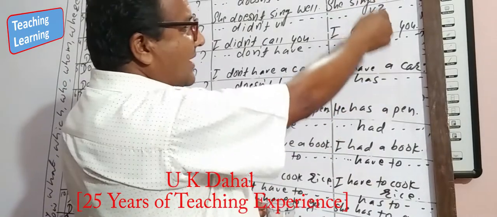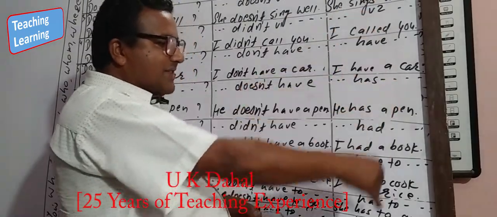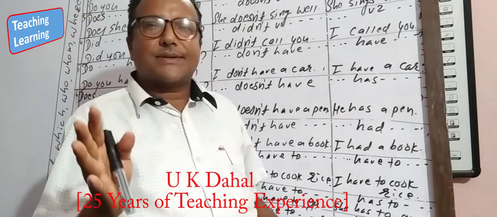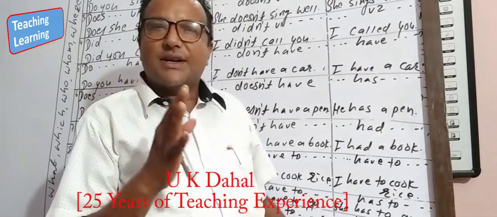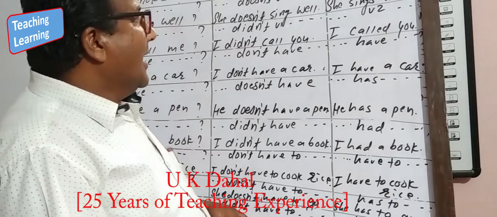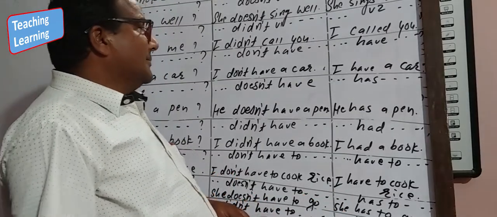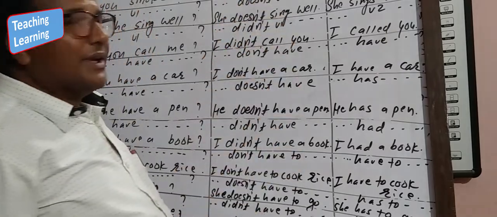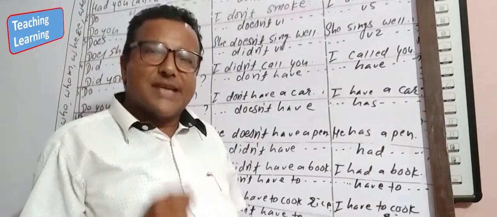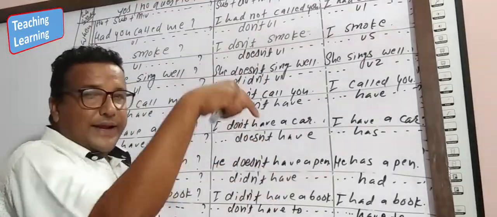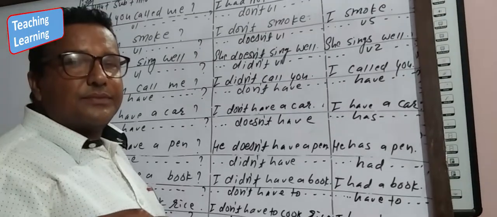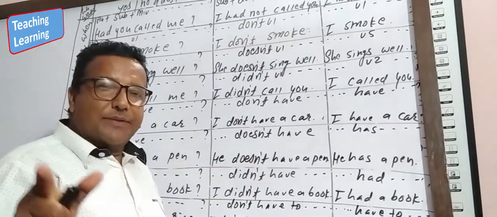In the previous class I completed the positive sentence in the tense. You know about the tense. And last I taught you about the negative sentence. That is the negative answer. Negative sentence means negative answer.